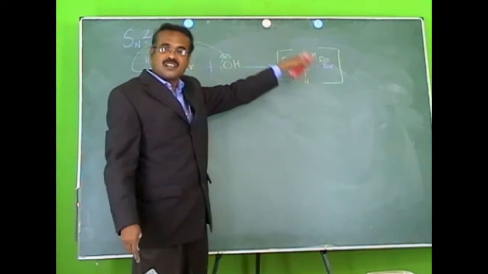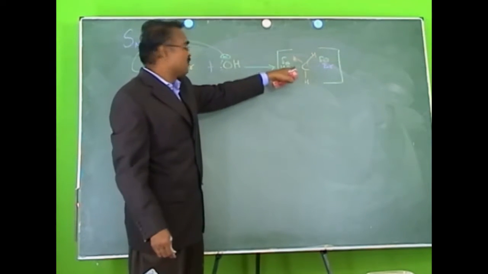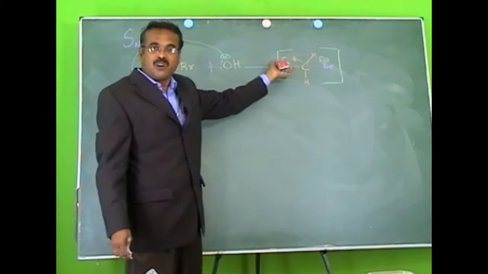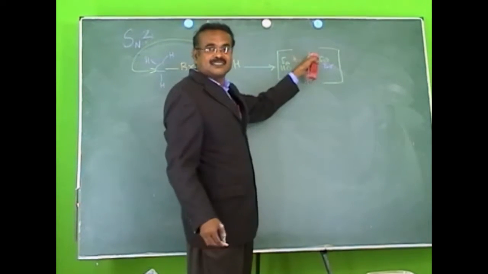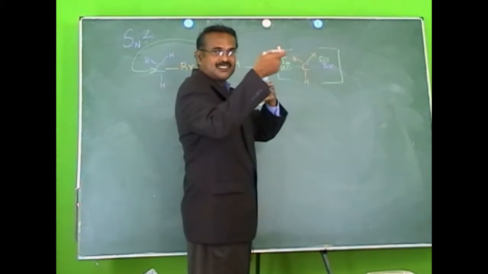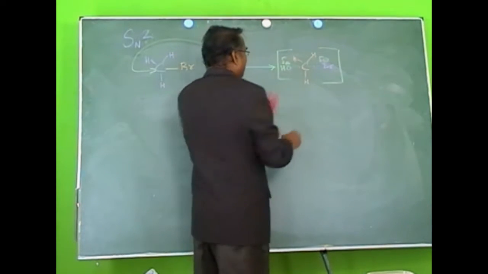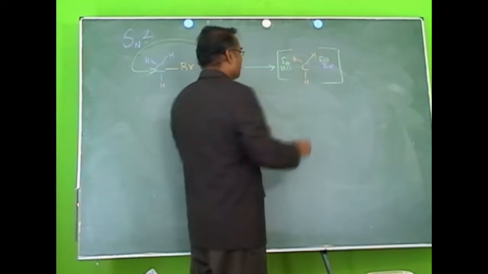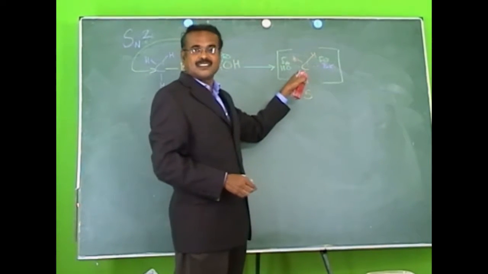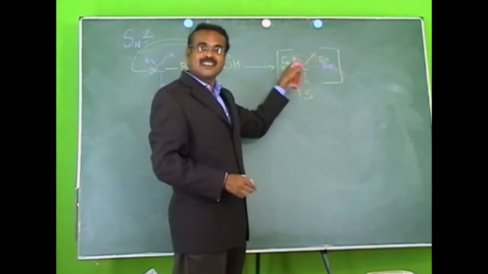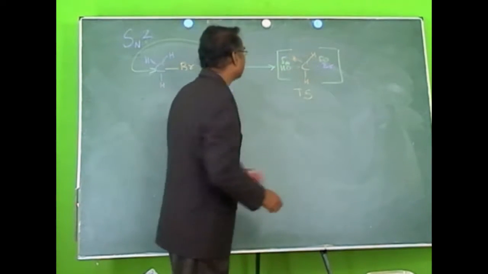So here carbon is assumed to have 5 bonds. So the bond may be intermediate, I put it like a hyphen, but it is connected to carbon only. So it is a transition state. Penta-coordinated carbon is impossible, so that is why it is theoretically assumed to be a transition state.